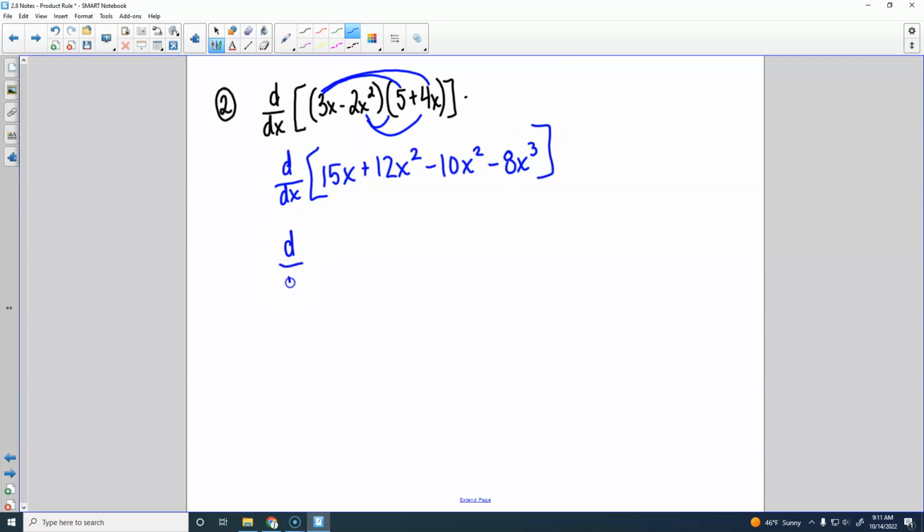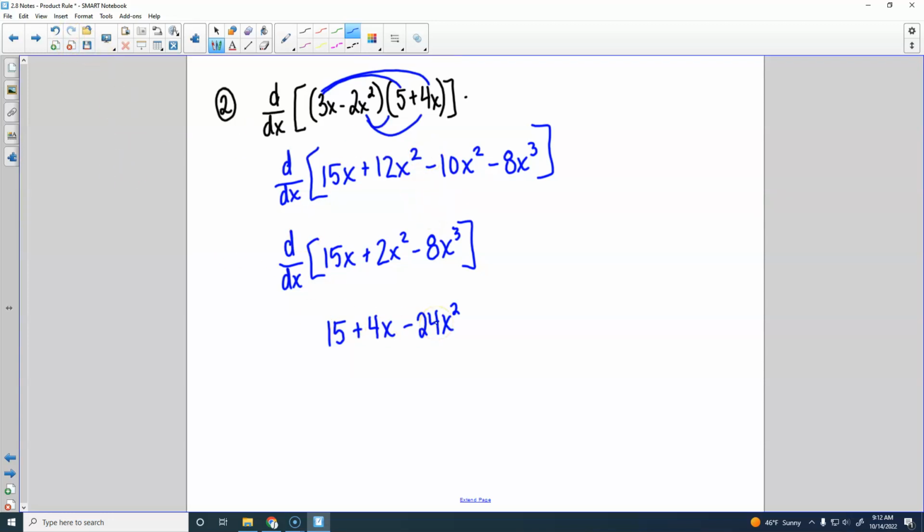And so you would be doing the derivative of 15x plus 2x squared minus 8x to the third. And that would be 15 plus 4x minus 24x squared, which hopefully is what we got yesterday, right? So I honestly think it's probably easier to do it this way than to use the product rule. So either one of those is an option.